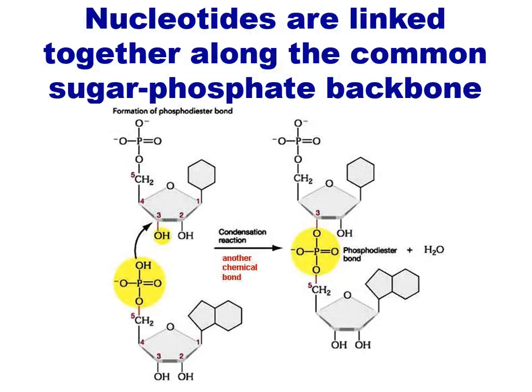Nucleotides are linked together through dehydration synthesis along their common features. The phosphate group of one nucleotide attached to the 5' carbon will form a phosphodiester bond with the hydroxyl on the 3' carbon of the other nucleotide.